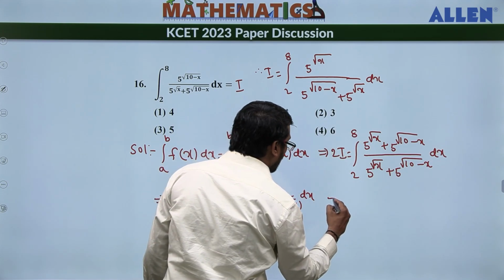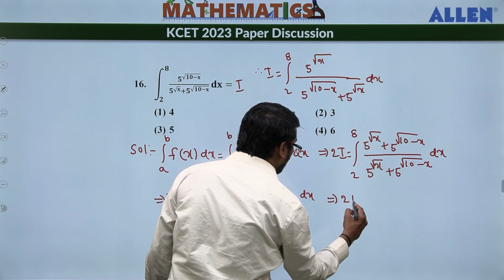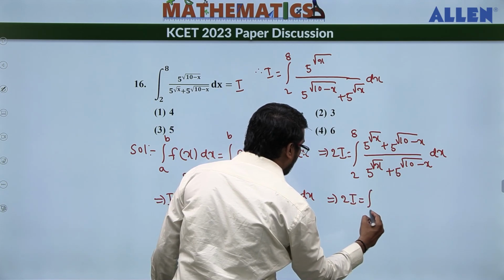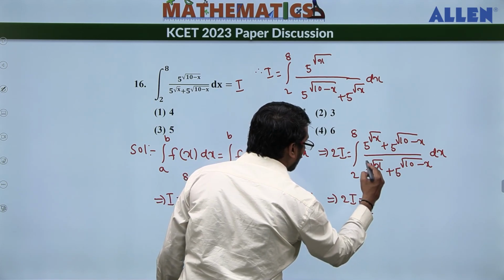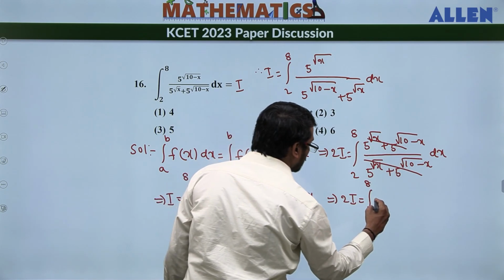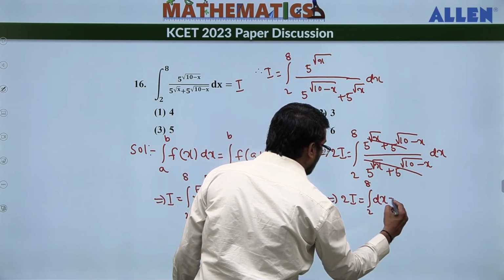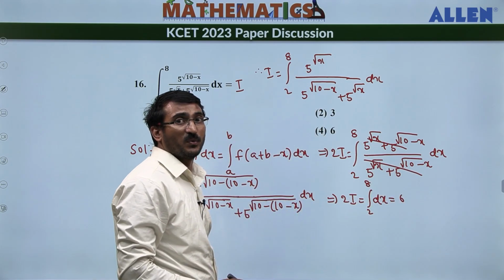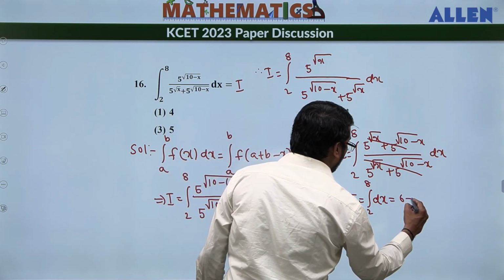So, 2I is equal to integral 2 to 8, they cancel, dx. So, 6 is the value of 2I. So, I is equal to 3.